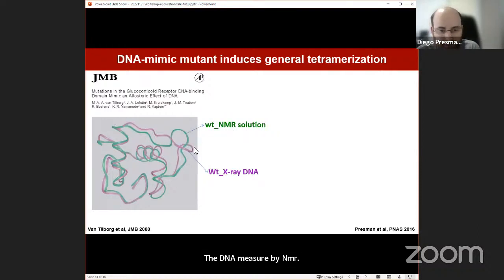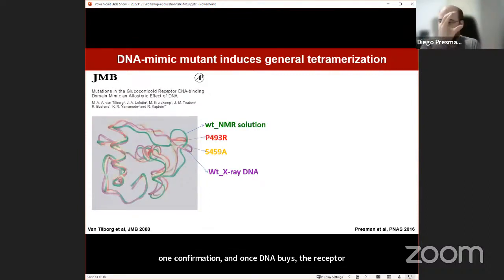The only difference is right here, specifically the distal loop, which changes conformation upon DNA binding. So the receptor has one conformation, and once DNA binds, the receptor changes conformation. It just shifts.